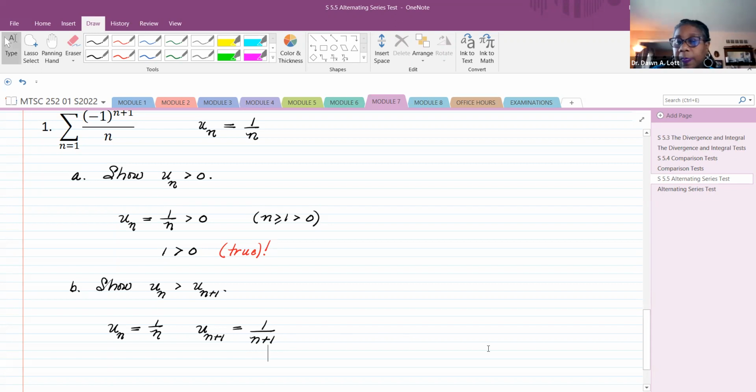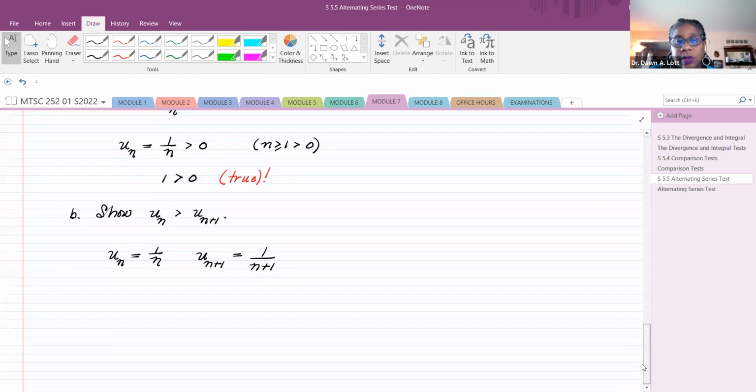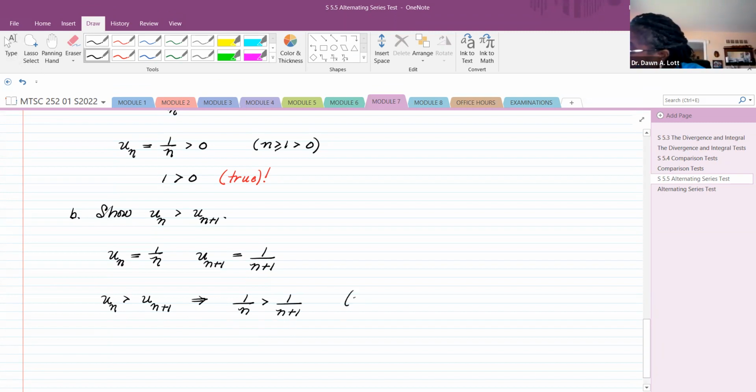Therefore, u_n being larger than u_{n+1} would mean 1 over n has to be larger than 1 over n plus 1. And we know that n, again, is greater than or equal to 1, which is greater than 0. So we can multiply, so we get n plus 1 is greater than n, so I get 1 is greater than 0. And again, this is a true statement.